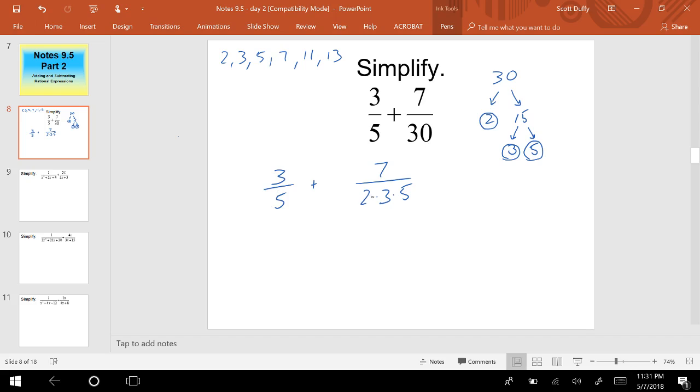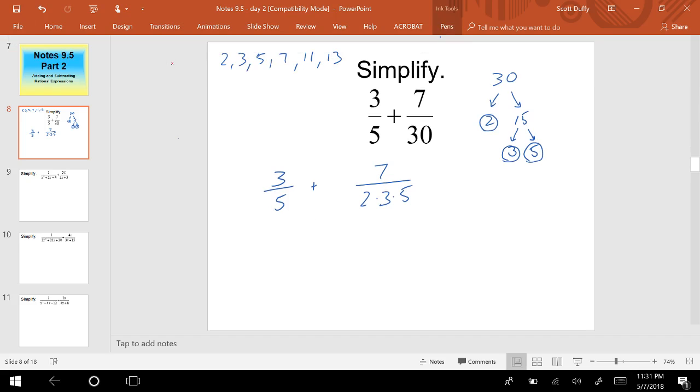So what you're going to do is take that 2 and 3 and multiply it by both the top and by the bottom. So multiply both the top by 2 times 3 and the bottom by 2 times 3, so that you have denominators of 5 times 2 times 3 in both.